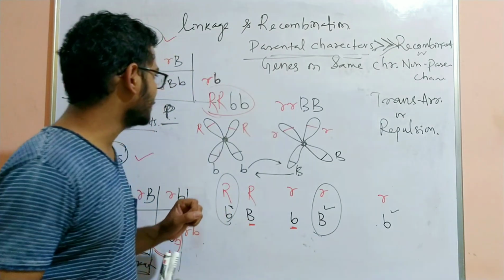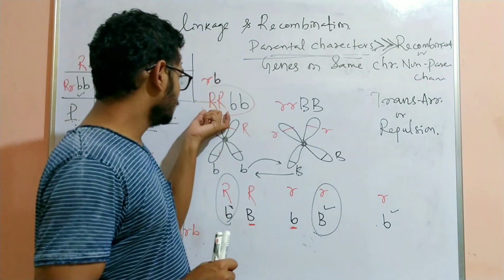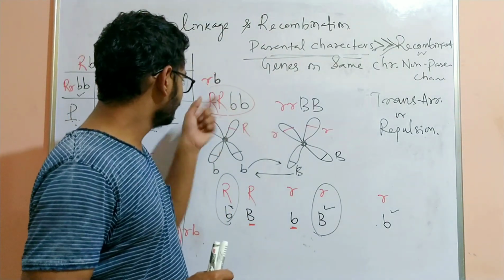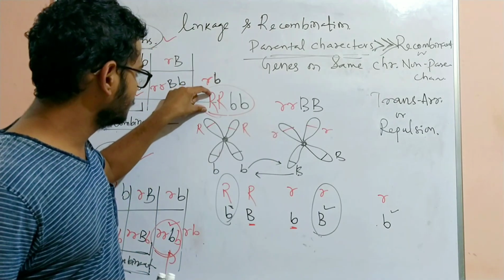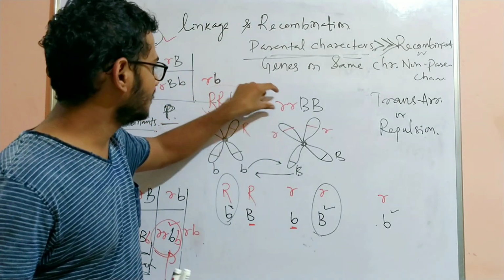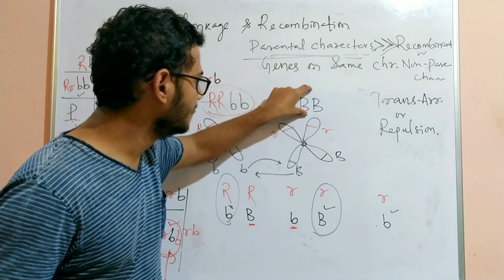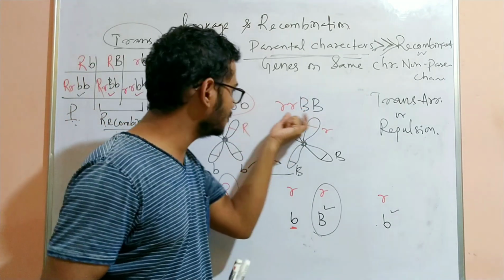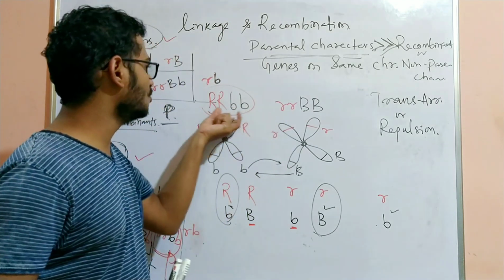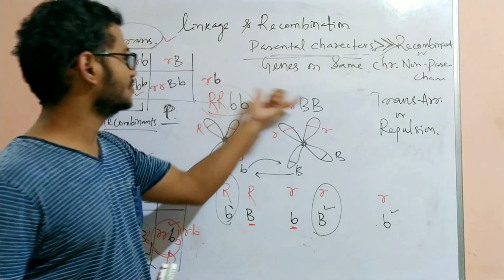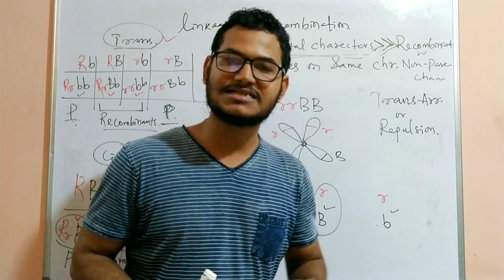Whereas in trans arrangement, we have one dominant and one recessive character on each: here red color but small size, there white color but larger size. This type of arrangement is the trans arrangement.